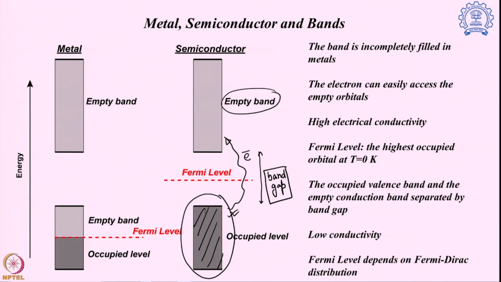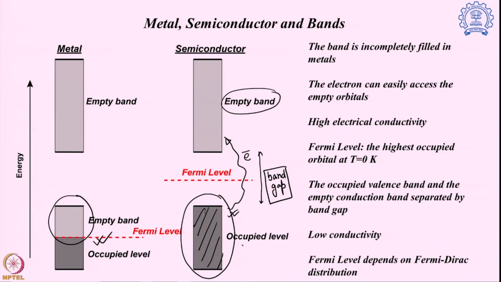That is why the electron movement is not as easy as in the metal, where there was emptiness in the same band. Over here that is not present. So in a semiconductor the conductivity is quite low, because unless you move some electrons from the occupied level to the vacant level, you cannot see electrical conductivity.